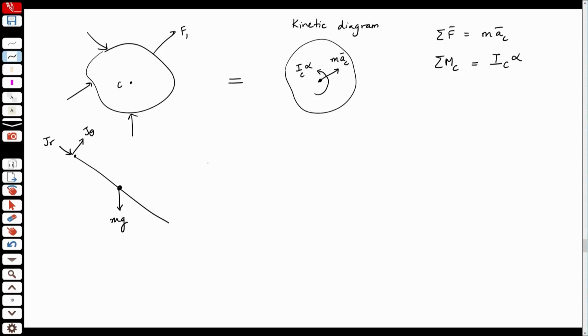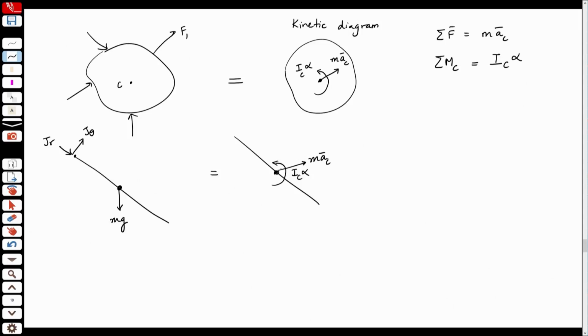This is equal to, this is the center of mass, I have some acceleration and I c alpha. I should not draw this neatly perpendicular, I should draw it some random m a center of mass.